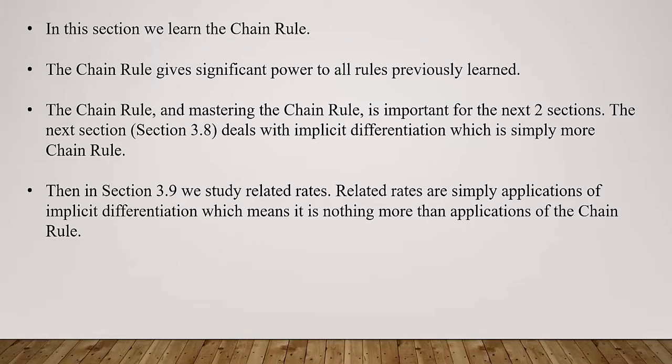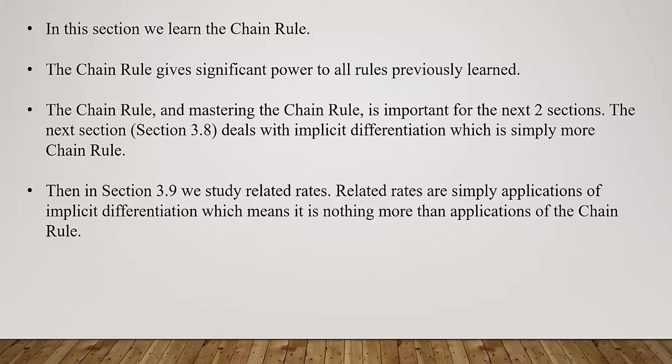Then in section 3.9, we study what are called related rates. Without a thorough understanding of the chain rule, which allows a thorough understanding of implicit differentiation, many would say that related rates are basically word problems from hell.